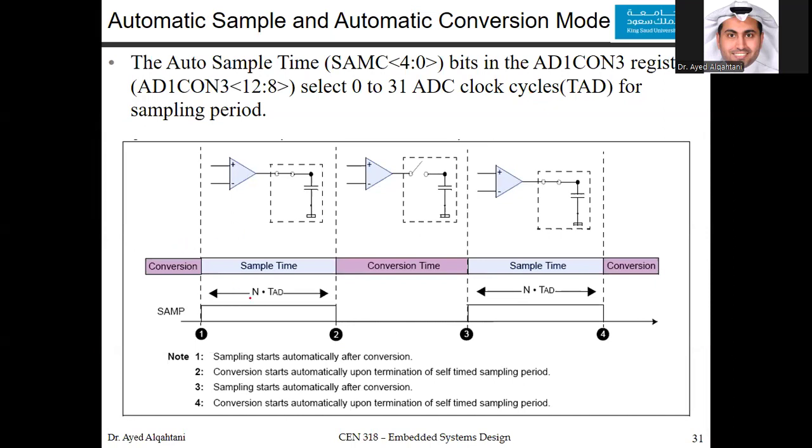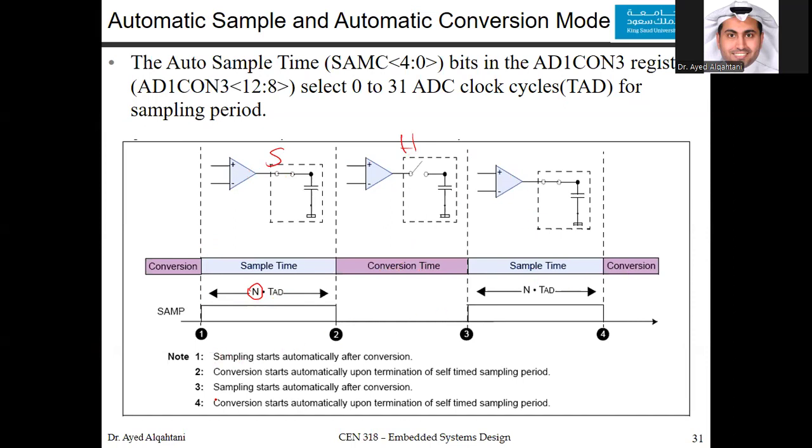So if you choose a certain value, you can plug it in here, and the sample time would be n multiplied by the TAD when this switch is closed, when you are sampling. When you are holding, you're talking about the conversion time based on the resolution that you chose, either 12 or 10 bits. And then you repeat this for the next cycle and so on.